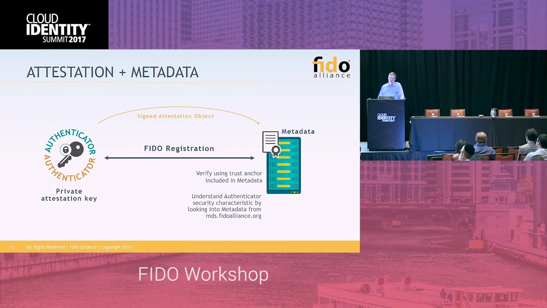So that's the purpose of the metadata service. It's a separate service that you can optionally use to find out more about the authentication device itself. And so you have the option at registration time to reject this device. If you don't like the device, or the attestations that came through, you can reject the registration of this particular device.